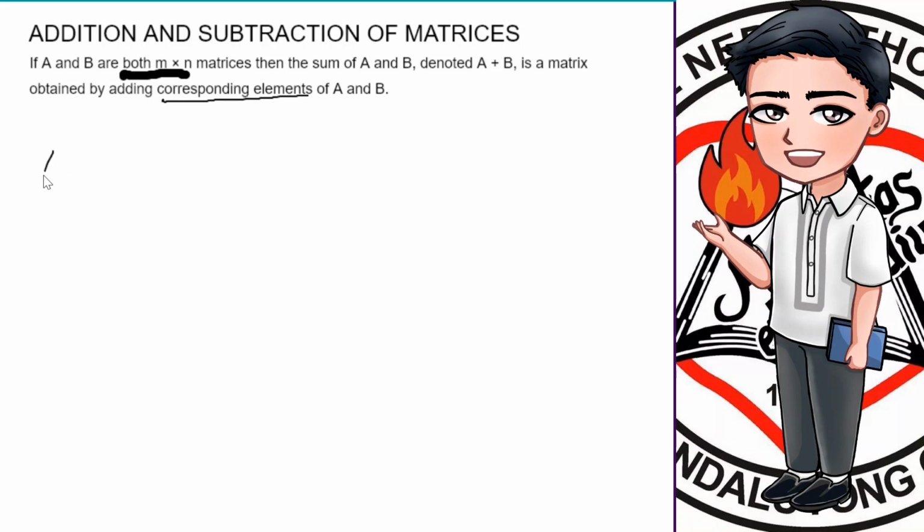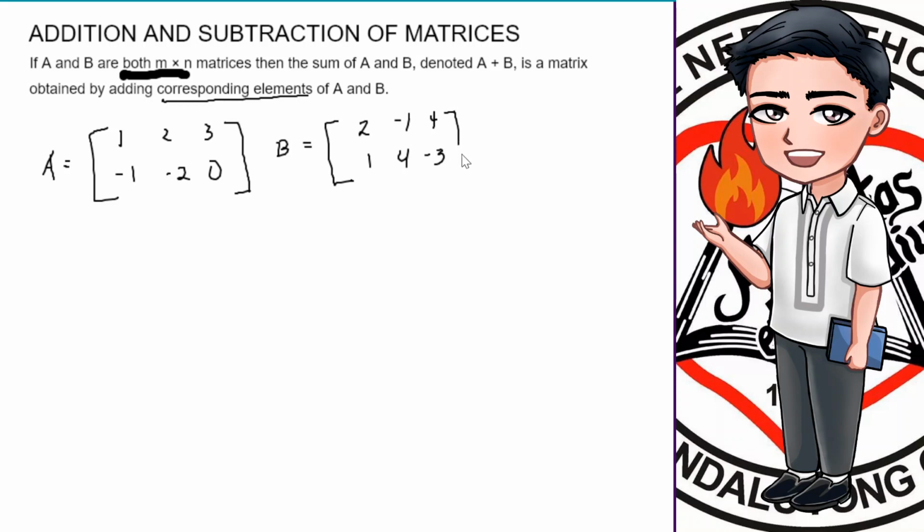Let's say matrix A is equal to 1, 2, 3, -1, -2, and 0. And matrix B is equal to 2, -1, 4, 1, 4, -3.